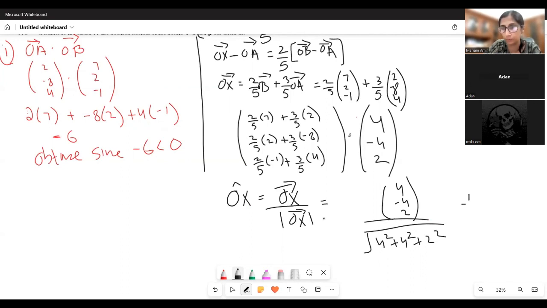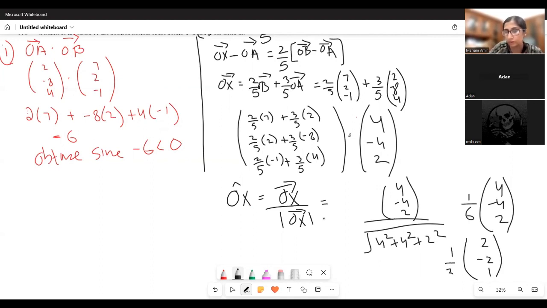So it's going to be 1 by 6 times 4, minus 4, 2, which can be further simplified to ये अंदर बन गया 2, minus 2, 1 और बाहर आ गया 1/3. 6 और 4 कैंसिल कर दिया, 6 और -4 कैंसिल कर दिया और 2 और 6 कैंसिल कर दिया.